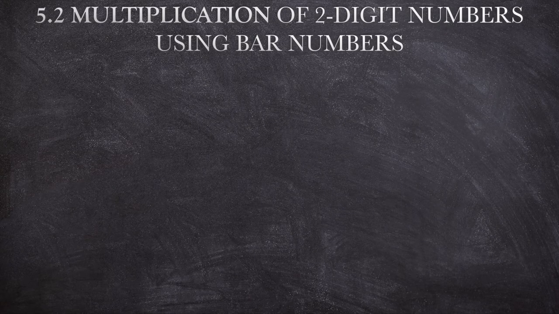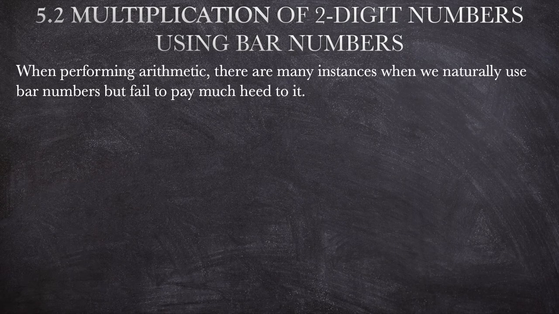exact. But now I'm going to introduce how to use the bar digits, or the bar numbers. When performing arithmetic, there are many instances where we naturally use bar numbers but pay little heed to it; we apply it within our brains without noticing.